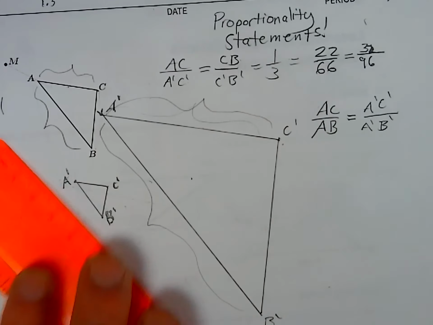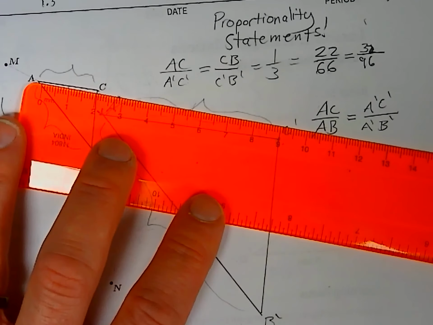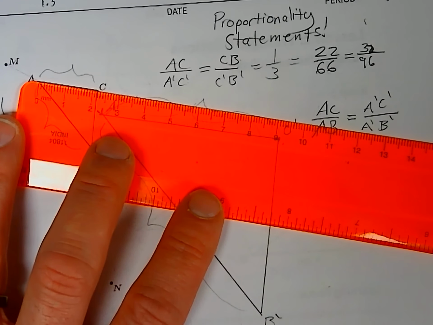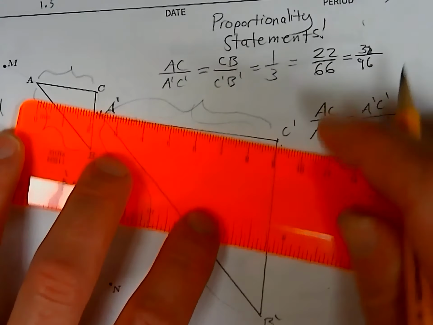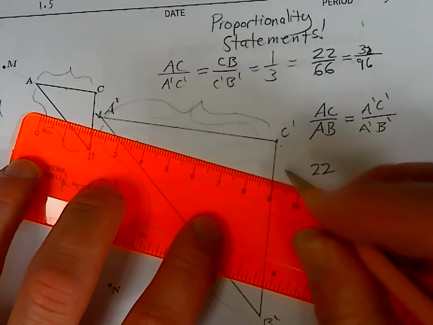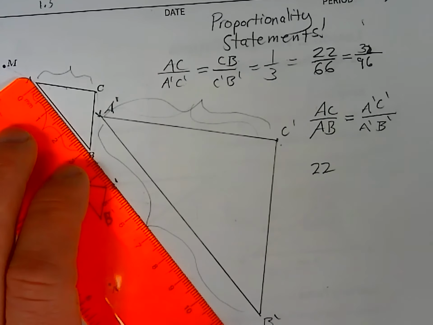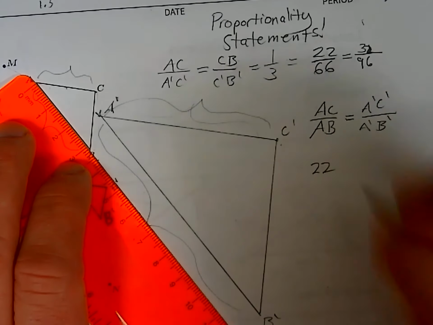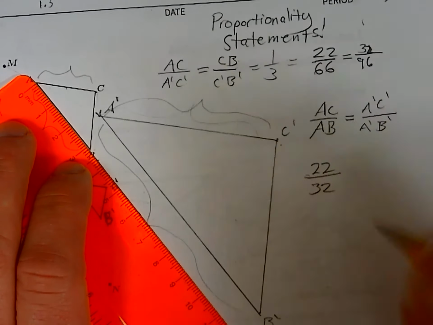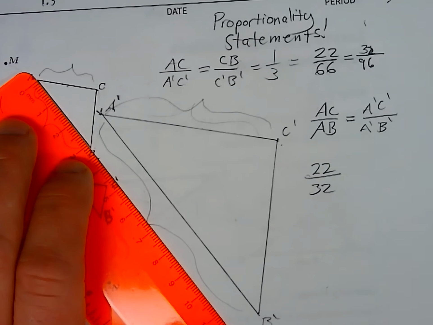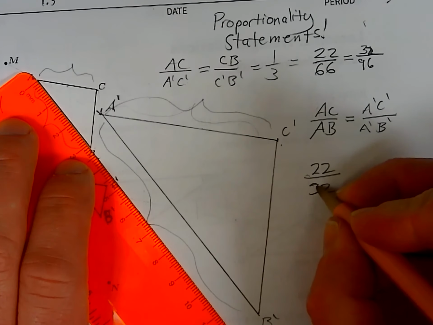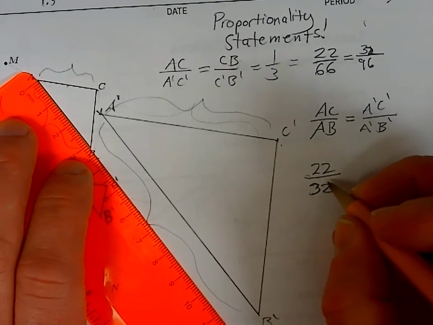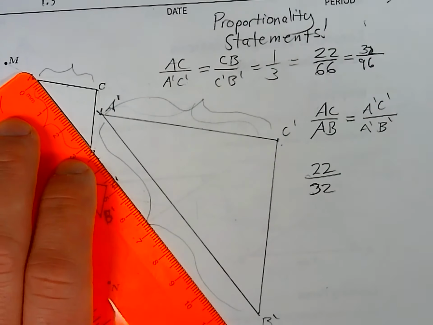So let's see, our original tiny triangle, top side is, what did we decide, 22? Didn't have to measure that again. And then I measured this already, it's 32. I hope. Yeah, let's call it 32. 22 to 32. That's awkward, I don't even know what that number is. If this was 33, nope, it's definitely not 33.